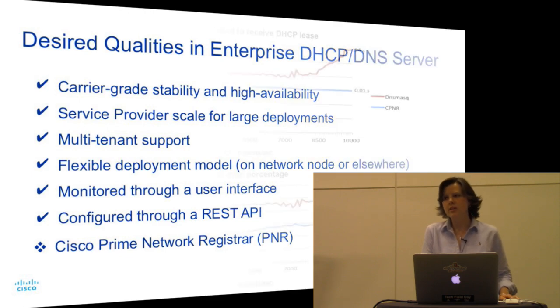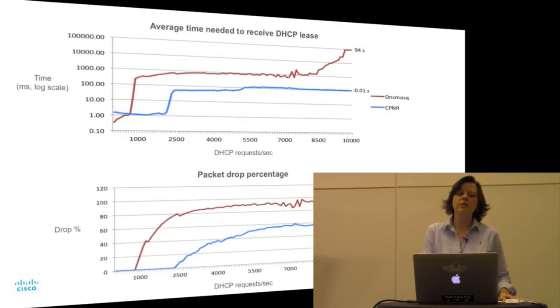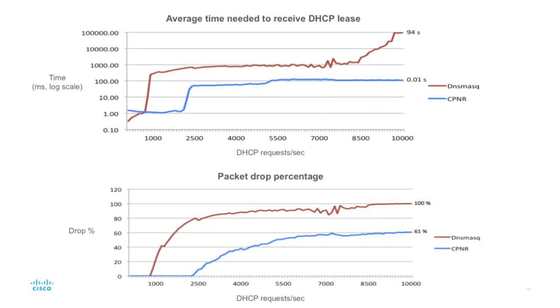So it's all well and good to talk about this in theory, but how do we know that it's actually going to scale? What we're seeing in our scaling tests, for example, the first graph on top, average time needed to receive a DHCP lease. What we're seeing is that as more and more DHCP requests per second are made, dnsmasq starts to have a much higher response time.